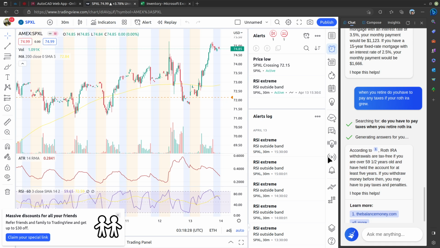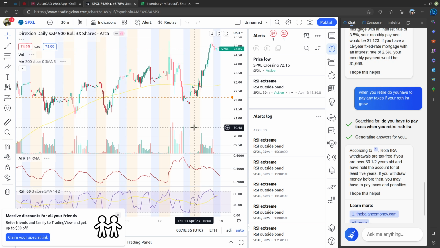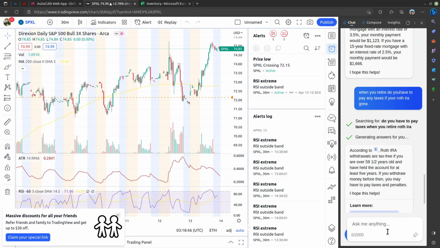Okay, changing subjects. This is how you make 1%. There's a stock called SPXL. What that means, let's see.